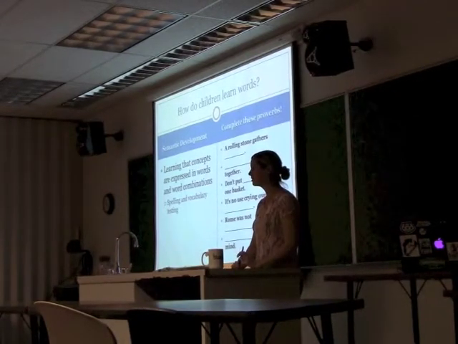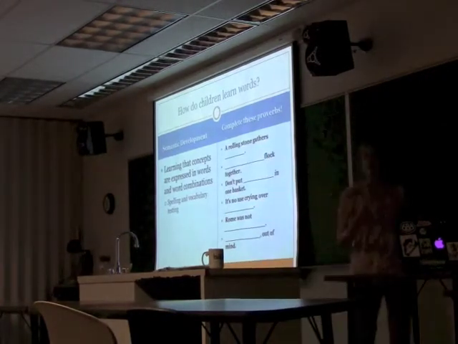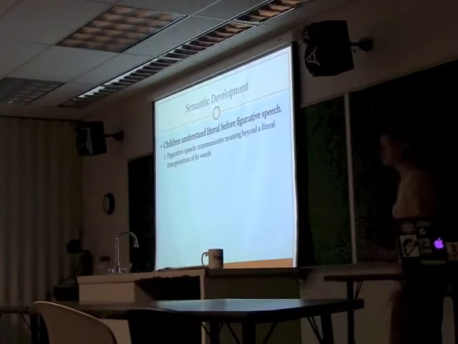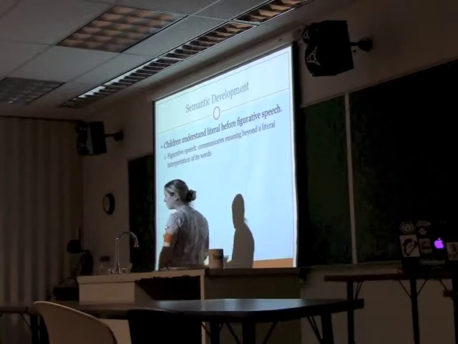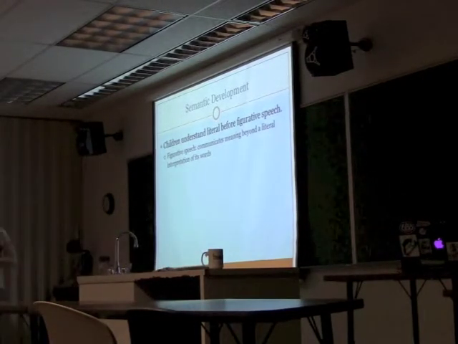So this is a good example of one of the developmental trends that we see in the way that children learn words and word meanings. Research has shown that children understand literal speech or literal words before they come to understand the figurative.